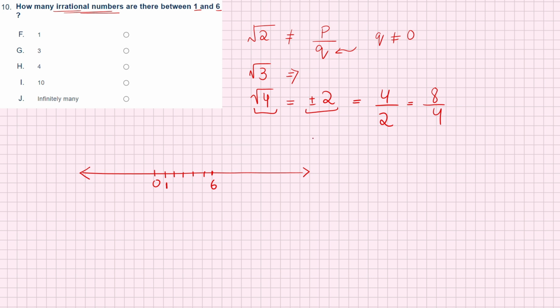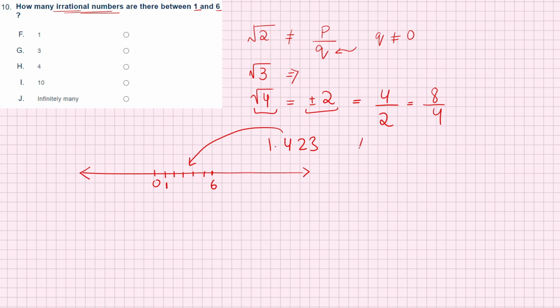Because, for example, 1.423 comes in between 1 and 6, and it is also an irrational number because we cannot write it as a fraction. So in between any two whole numbers there will be infinitely many irrational numbers.